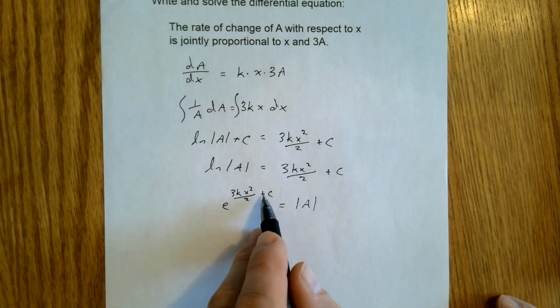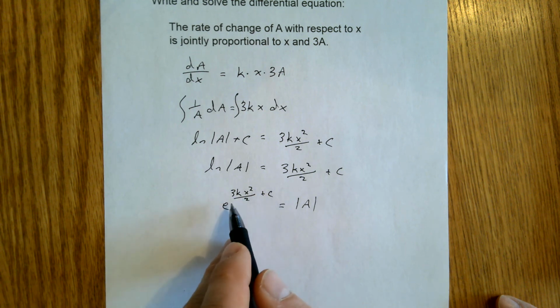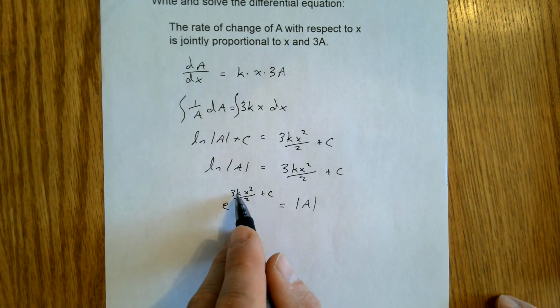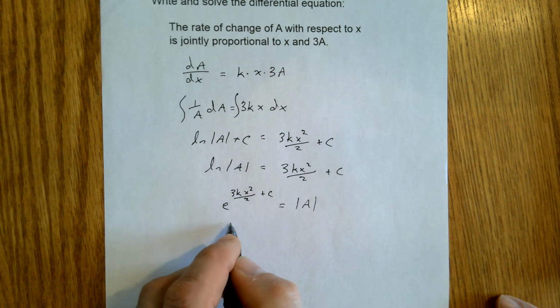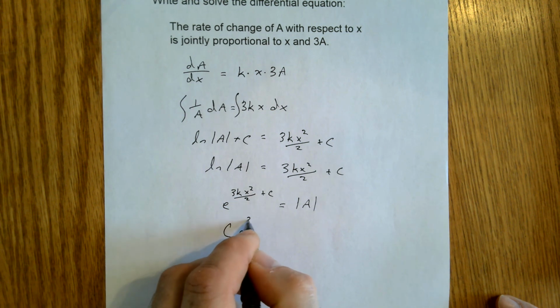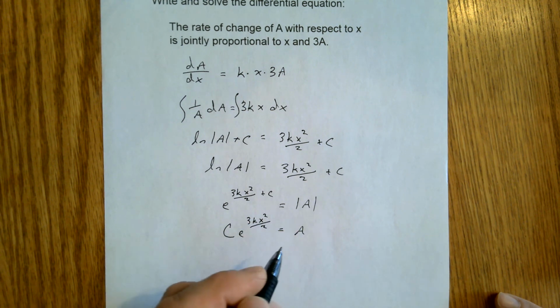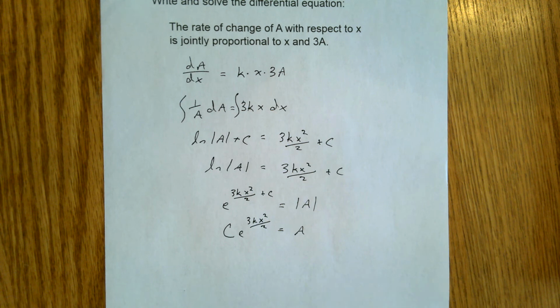I also have this plus c at the end. I can break that up into e to the c times e to the 3kx squared over 2. So I have c e to the 3kx squared over 2 equals a. And that's going to be the solution we're looking for.